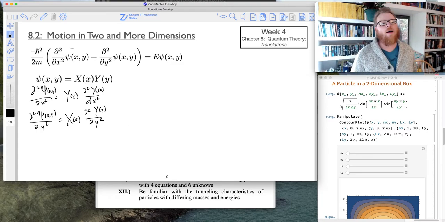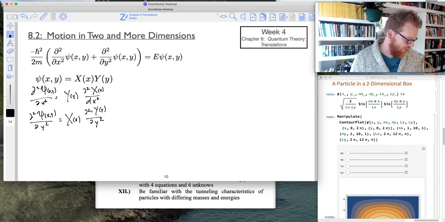And so now I'm going to make a substitution up here. See where I wrote the second derivative in x of ψ(x,y), second derivative in y of ψ(x,y). I can now replace those with these two separable solutions, okay? And that goes as follows. So we'll substitute, all right?